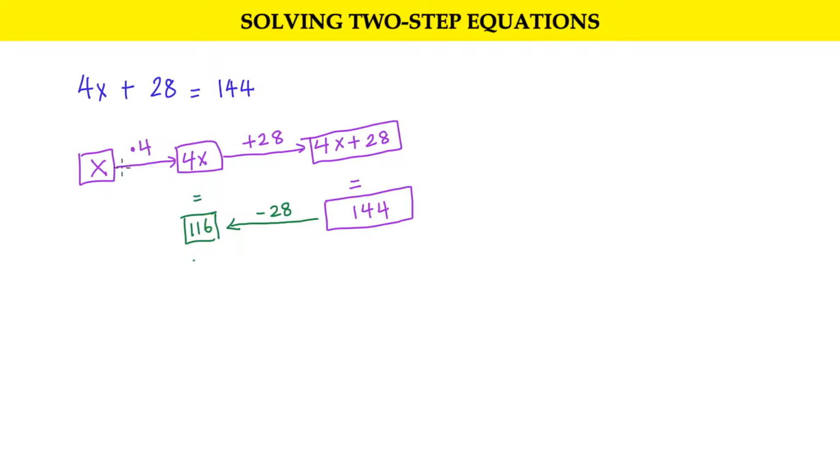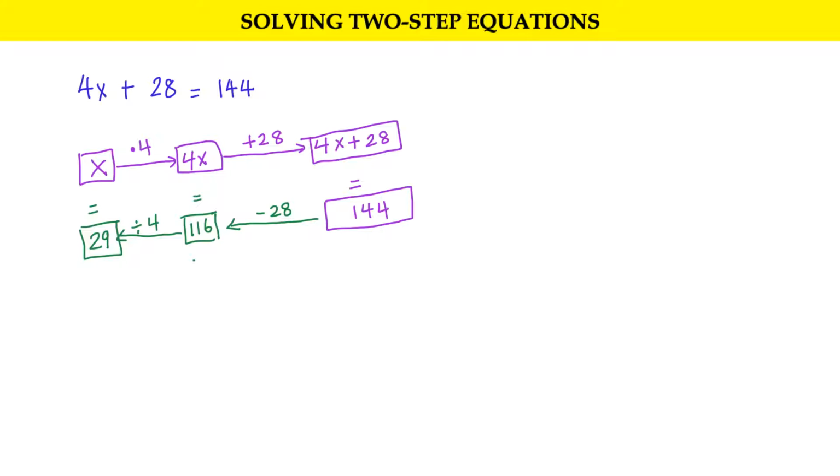And since there is a times 4 here, we are going to undo that and divide by 4. 116 divided by 4: 100 divided by 4 is 25, 16 divided by 4 is 4, so that's 29. That means x is equal to 29.